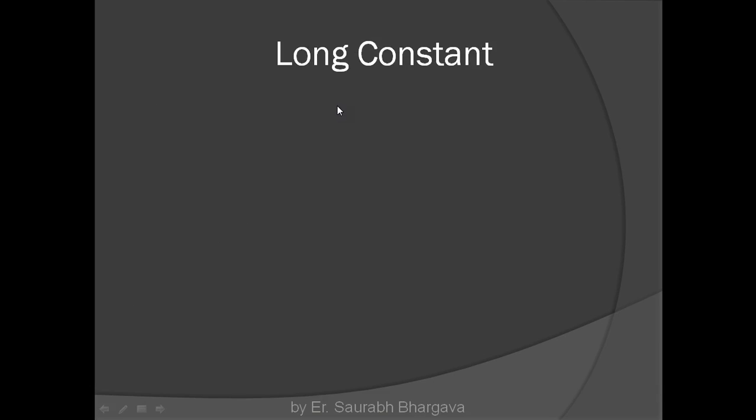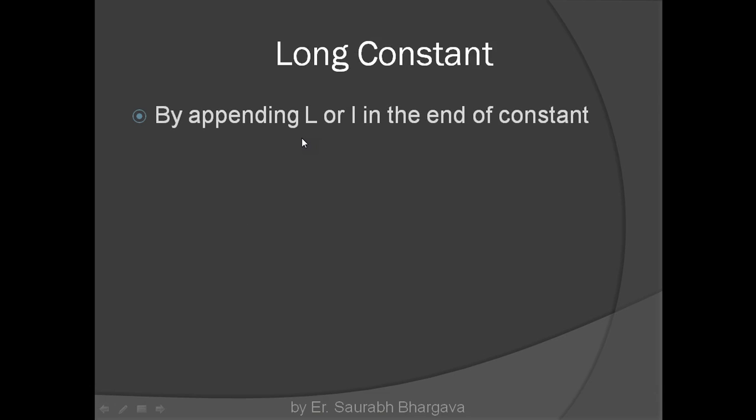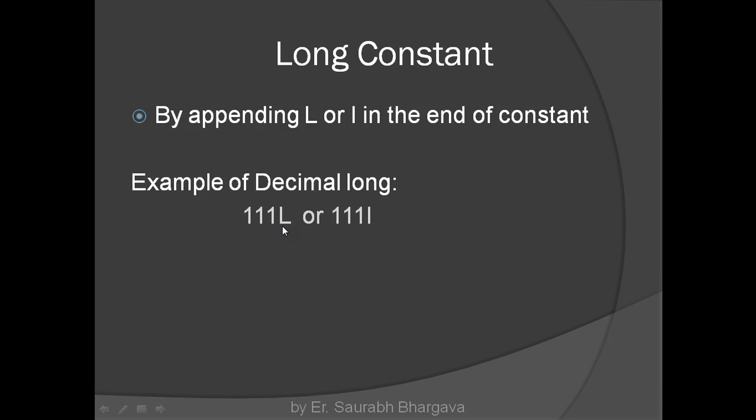Long constant. By appending l, uppercase or lowercase, at the end of a constant, it becomes a long constant. Example of decimal long. We place l after the decimal value. There is a convention that we should use capital L because small l looks like 1.